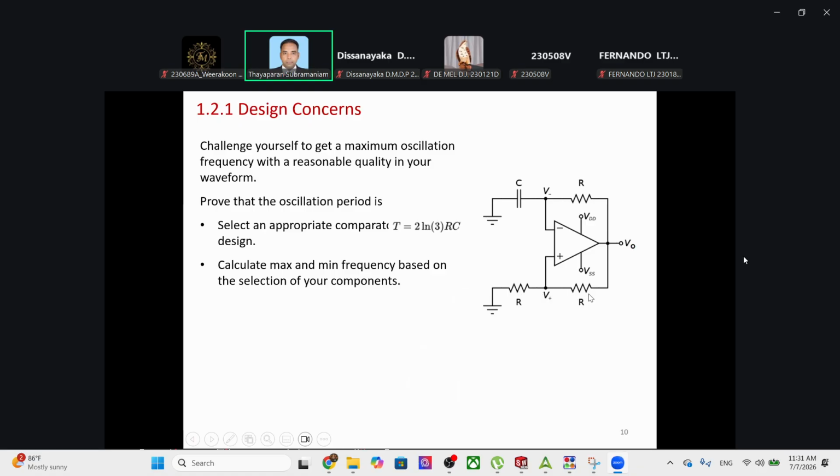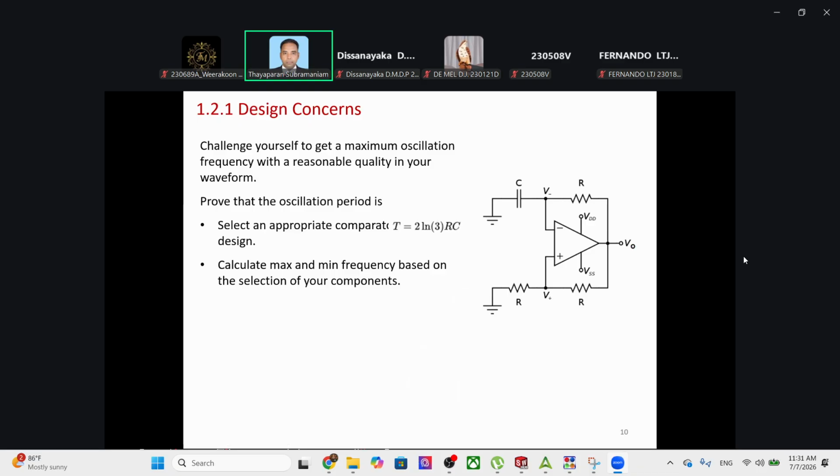Suppose these two are plus or minus 5% or 10%, even though you choose 1 kilo ohm, 1 kilo ohm, or 1 mega ohm, 1 mega ohm, what is the maximum and minimum deviation? I think we have already worked that out in the last lecture.